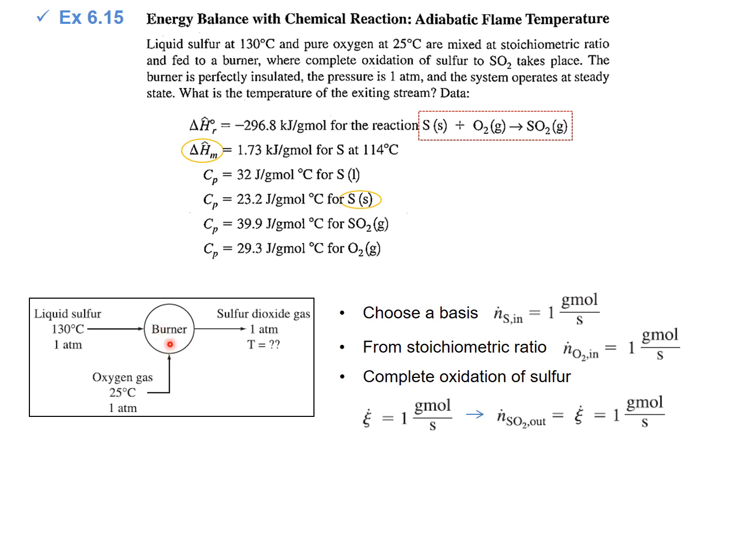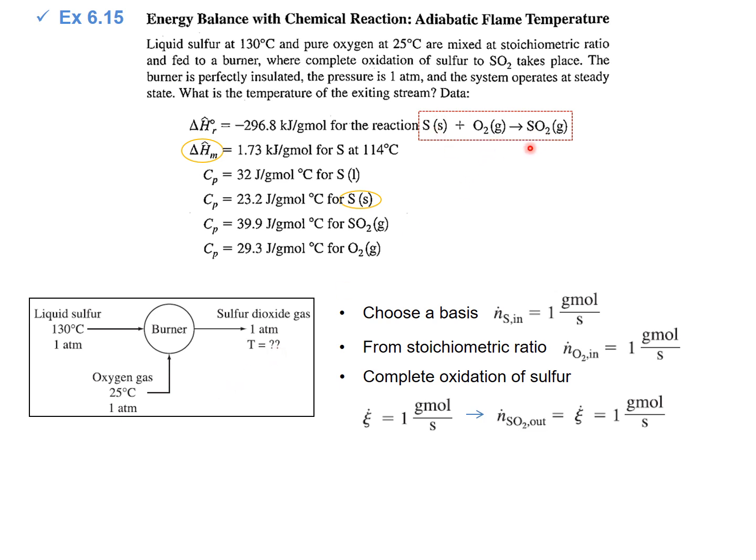So inside the burner we have this reaction: sulfur plus oxygen goes to SO2. Then in the output stream you could find sulfur dioxide gas. The pressure is all 1 atm, and the temperature for liquid sulfur is 130 Celsius degree and oxygen gas at 25 Celsius degree. The question is, what is the temperature of sulfur dioxide gas?